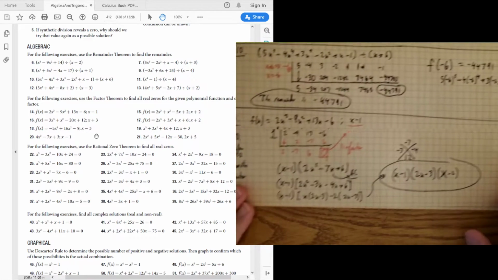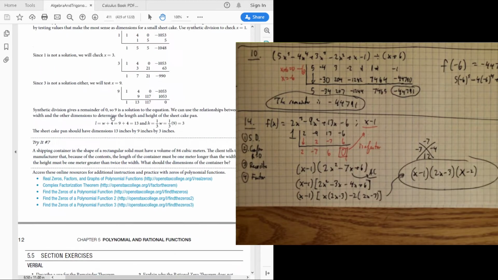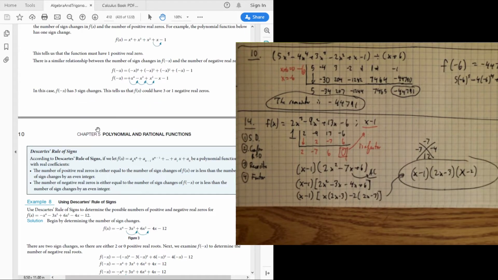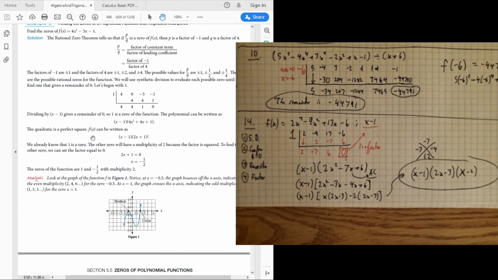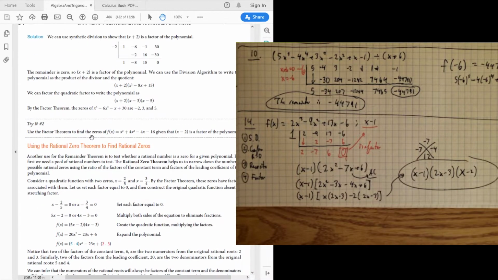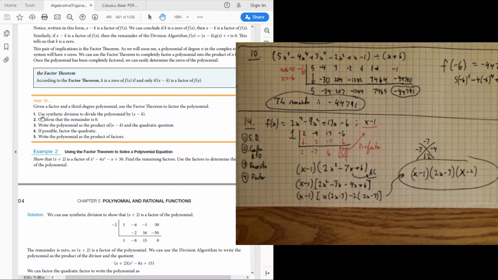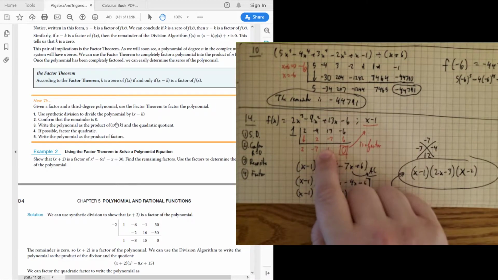Again, one more time, showcasing our steps here. And those steps are listed out in the text under the how-to, under this section. Right here. Use synthetic division first. That's what we did, synthetic division. Confirm that we get the remainder of 0.